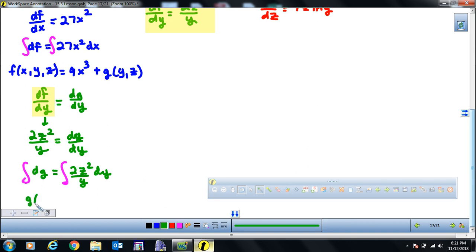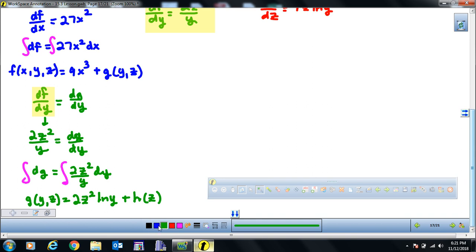Then g of y, z equals the integration of dy over y, which is natural log of y. So that will give me 2z squared times natural log of y plus possibly some function h with respect to z, or maybe a constant. We don't know yet. Okay?